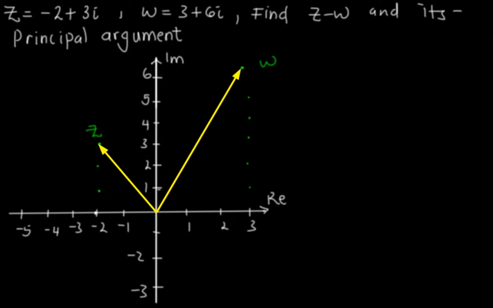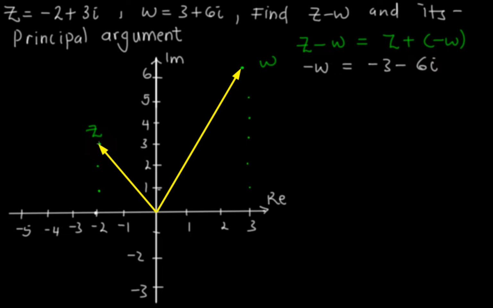Now our interest is to obtain Z minus W. This is the same as saying Z plus the reverse of W, implying that if our W is equal to 3 plus 6i, its reverse is going to be equal to negative 3 minus 6i.